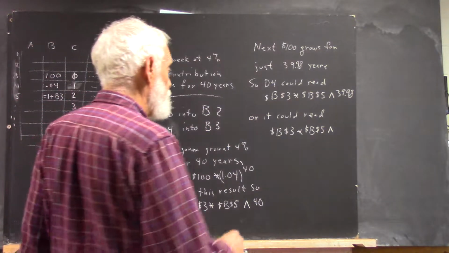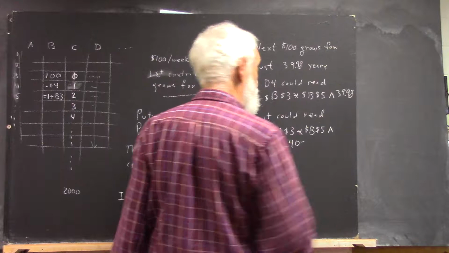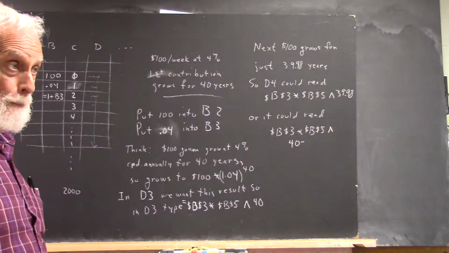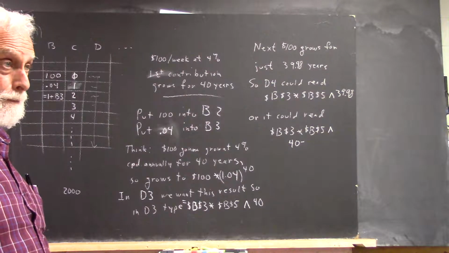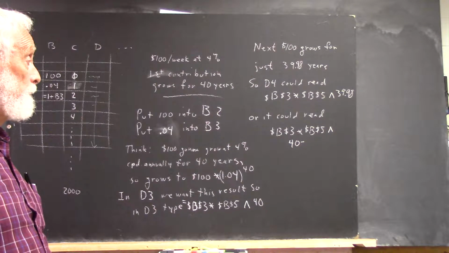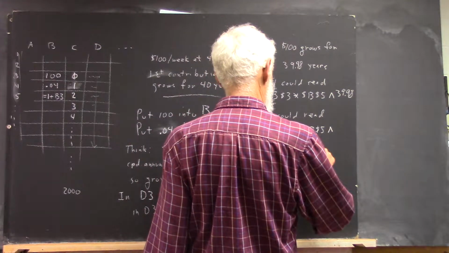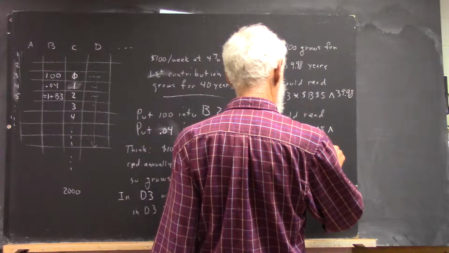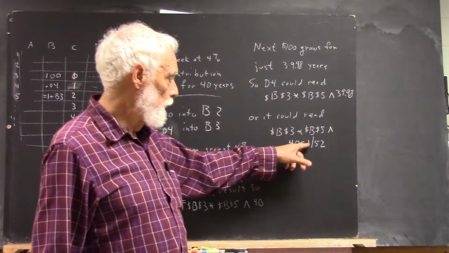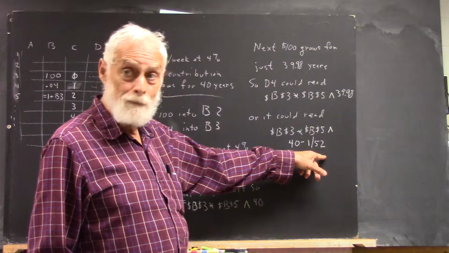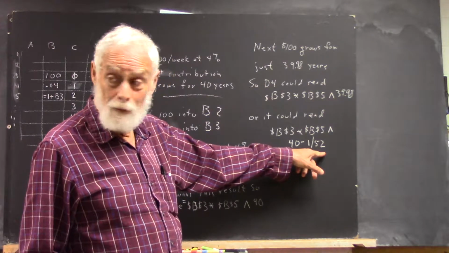But we're going to raise that to what? Not 40, it's 40 minus something, right? It would be 40 minus what? If you use 52 weeks, and that's probably a good idea, it'd be 40 minus 1 over 52, right? Because 1 week is 1/52nd of a year. Okay?